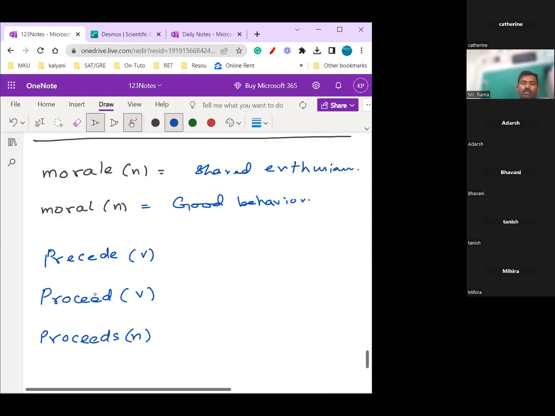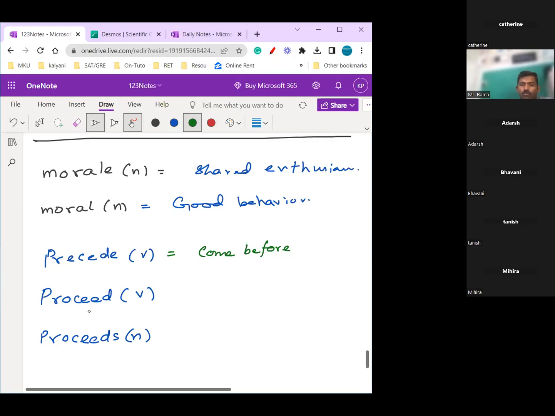If you look at it, these all sound the same, but the words' meanings are different. The first one is precede. This is basically to come before. Thunder is always preceded by lightning. So it's come before.